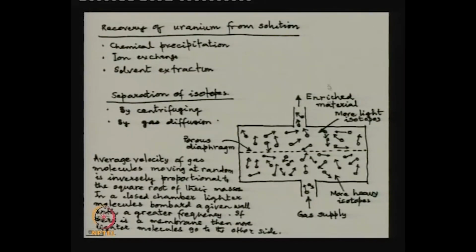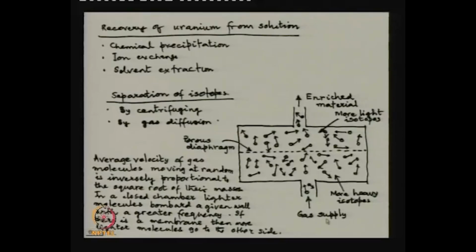A very key thing is separation of the isotopes, and I have talked about centrifuging and gas diffusion. These two will separate uranium-235 from uranium-238, because their atomic weights are different. In gas diffusion, the idea is to have a gas supply which has both the isotopes in the form of a volatile compound.